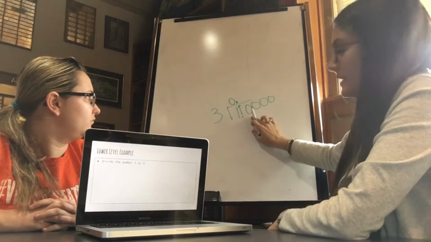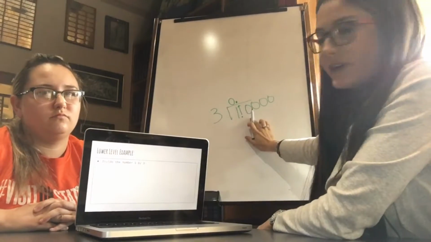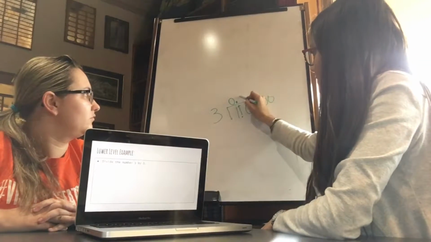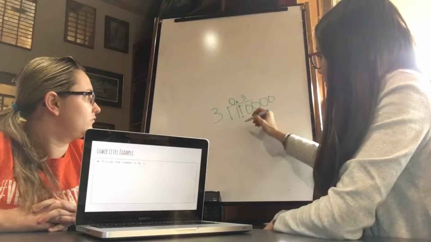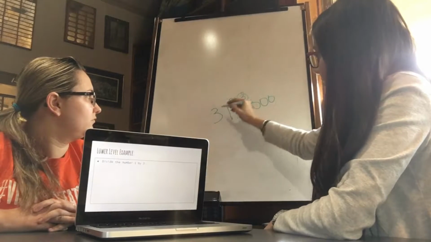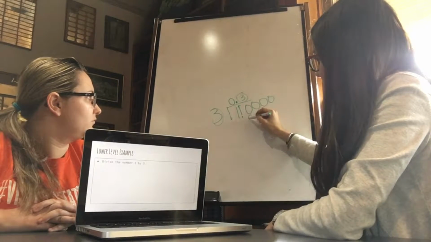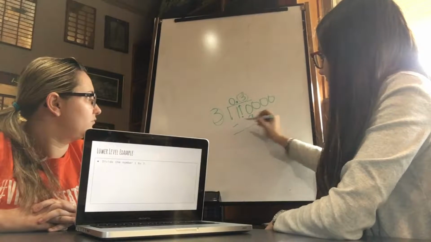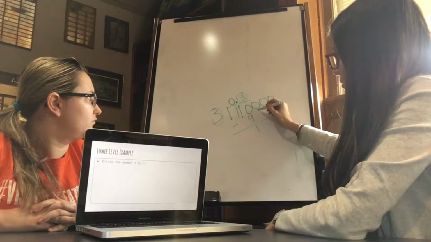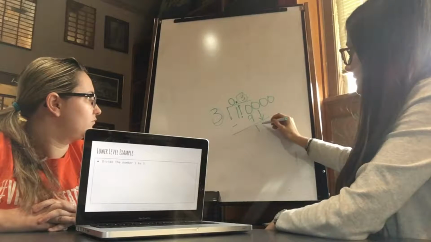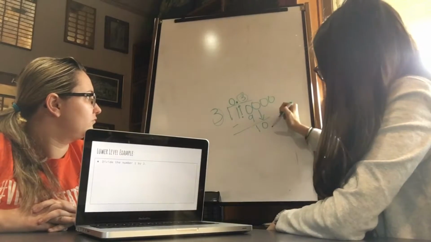So 3 can go into 10 how many times? Well, 3, 6, 9. So it goes in there 3 times. So 3 times 3 equals 9. We're going to subtract them. We are getting 1 left over. We always carry down the next number, so we get 10.